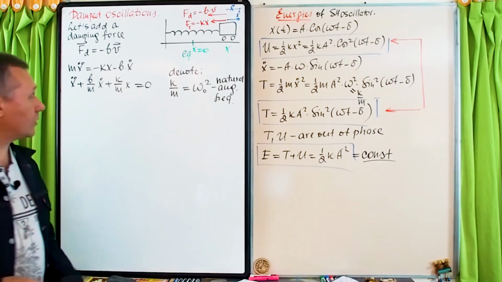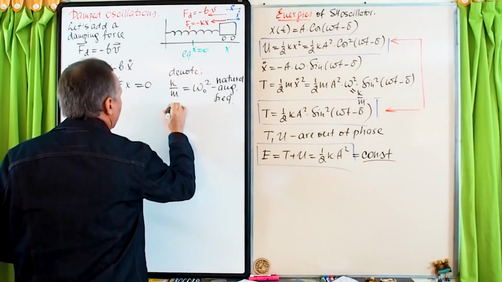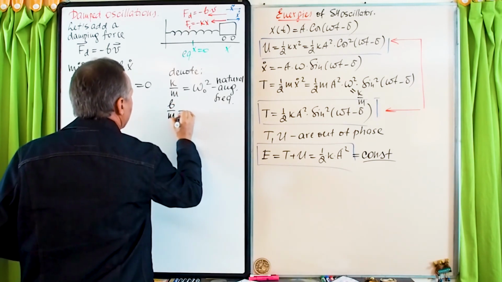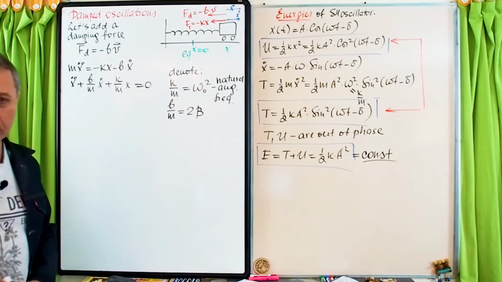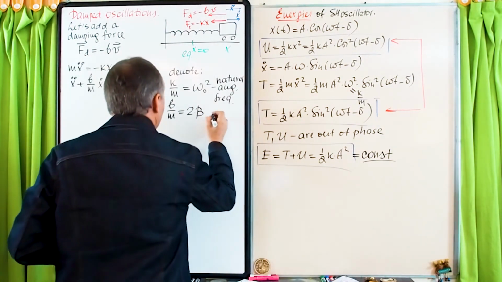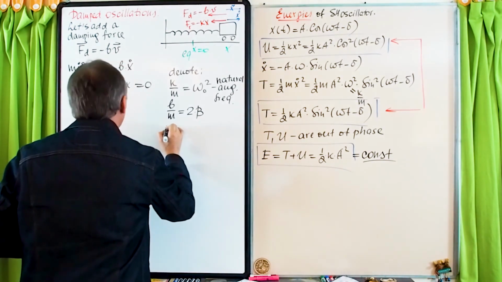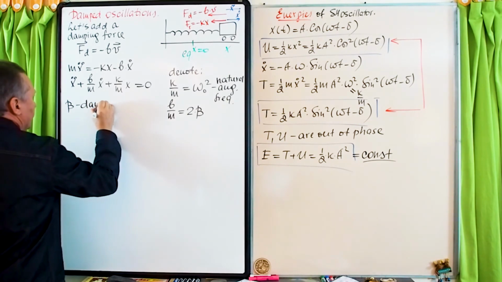And second, let's introduce the damping constant in this way: b over m equals 2 times beta. You will see why next class. We're already getting over time, so sorry. Beta is the damping constant.